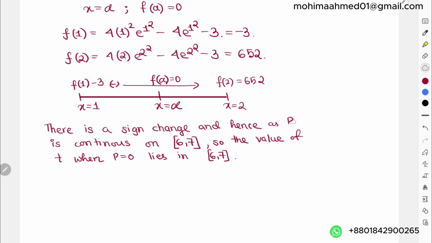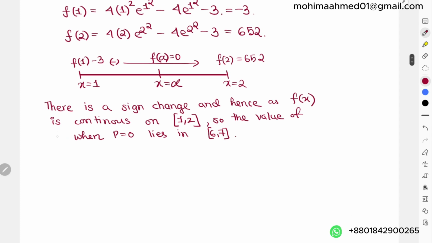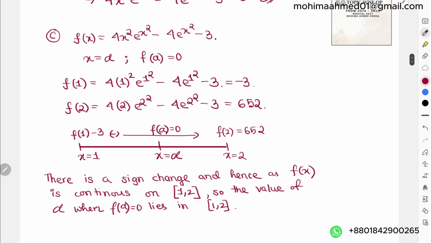There's a sign change, and hence, instead of p, I'm going to write hence f(x) is continuous on 1 and 2, so the value of alpha, when f(alpha) is 0, must lie within 1 and 2 again, right? The same statement, only the variables and numbers are just going to get changed. This is it for part C.